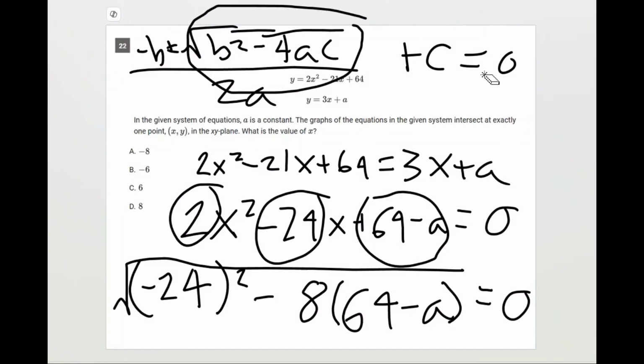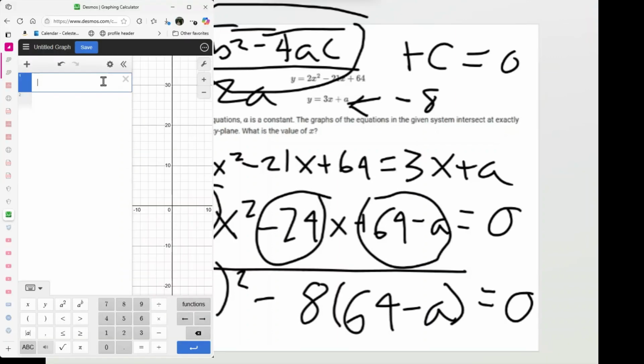Now that you have the value of a, you can plug that back into the original equation. So a is going to be negative 8, so let's plug that in Desmos and find what the value of x is. All right, let's plug that back in. 2x squared minus 21x plus 64, followed by our other equation, which is 3x plus a, which we know is negative 8.